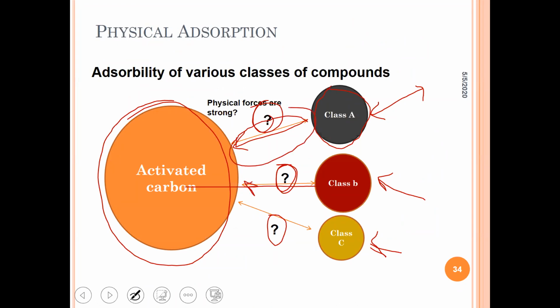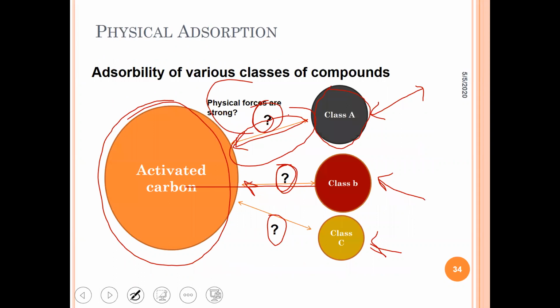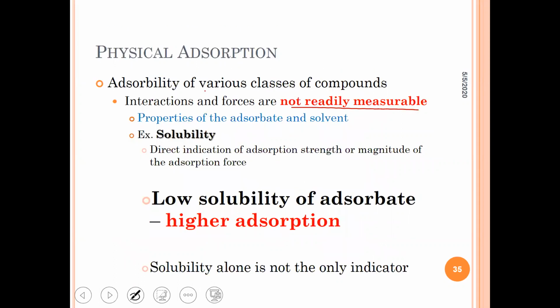It is difficult to say, but we can have certain key points, because we cannot measure these forces and interactions which are responsible for attraction. We cannot measure quickly. So we have to see properties of the adsorbate and solvent, which is water.